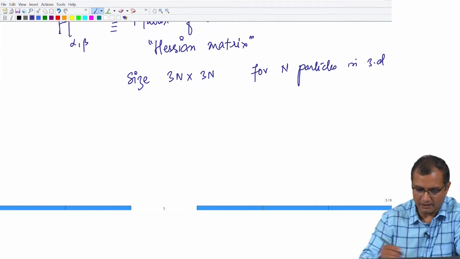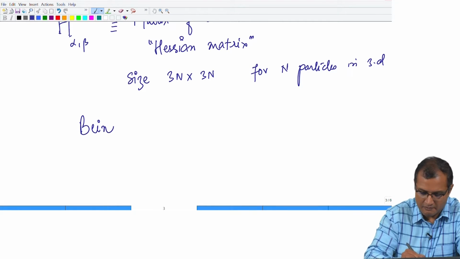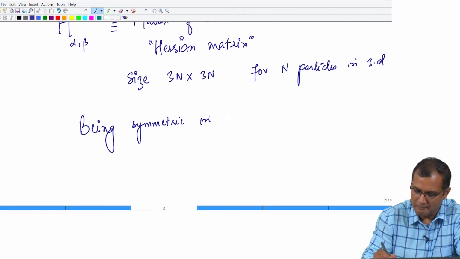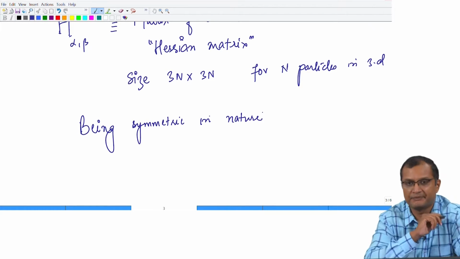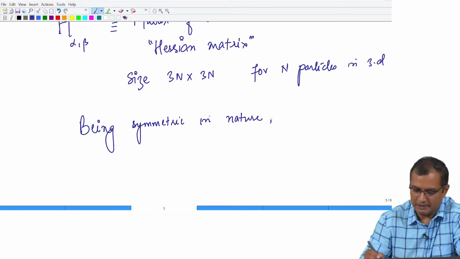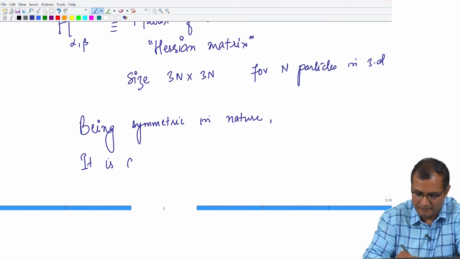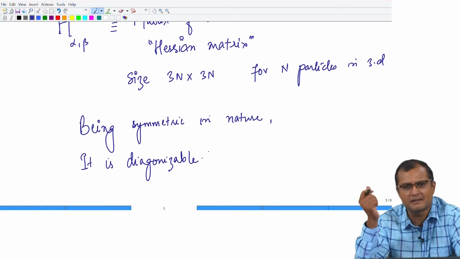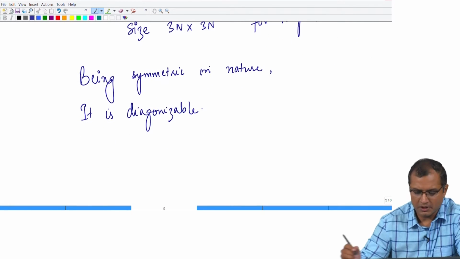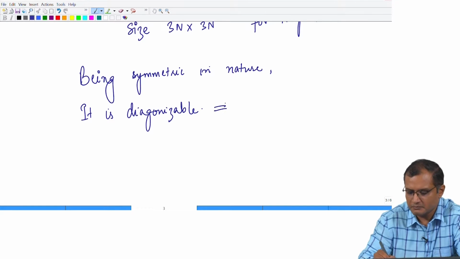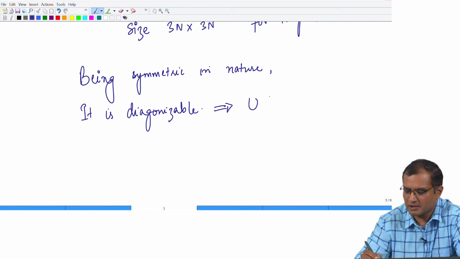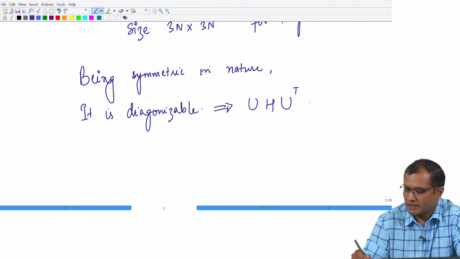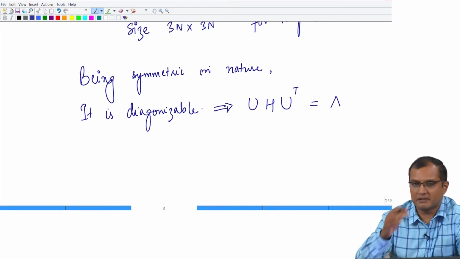So, being symmetric in nature, okay, it is diagonalizable, which means there exists a unitary matrix U that can readily diagonalize it. So, if I construct a unitary matrix U, then U A U transpose, okay, can diagonalize this into a matrix of only diagonal values.